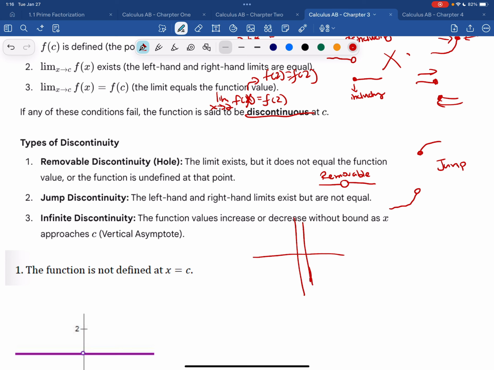It approaches like that, so it meets somewhere in infinity, or it just doesn't meet.